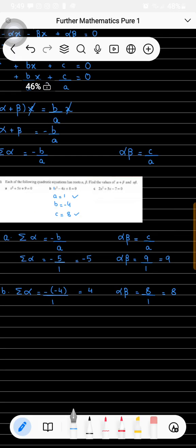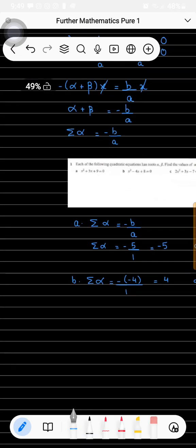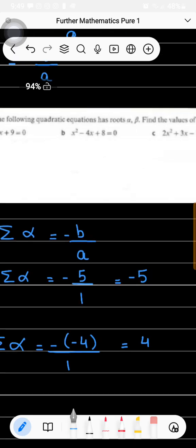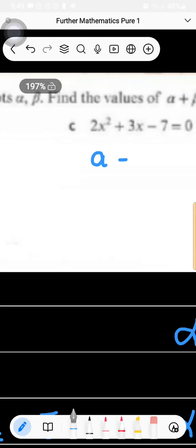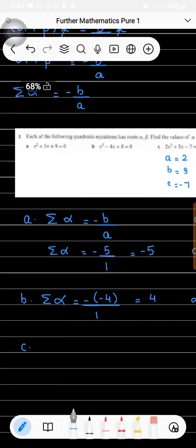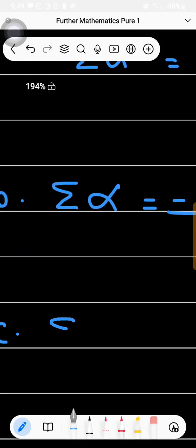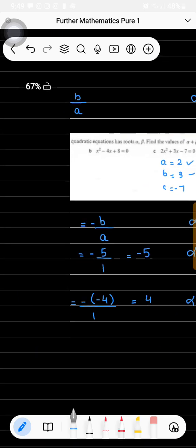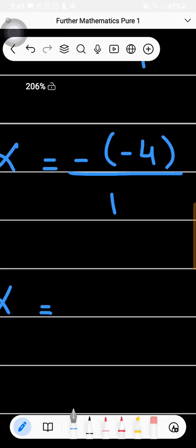Okay, so let's move to part C now. Here in part C, a is 2, b is 3 and c is negative 7. So let's do it. Sum of alpha is equal to b upon a. What is b? b is 3, a is 2. So we will write 3 upon 2 here as an answer.